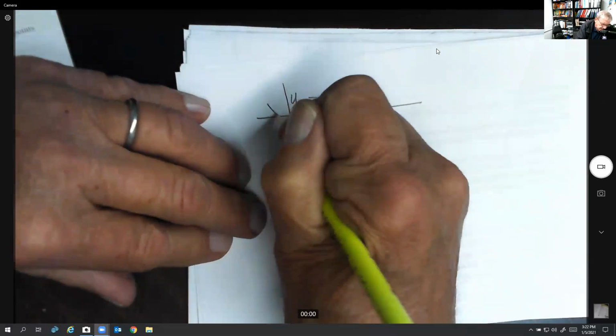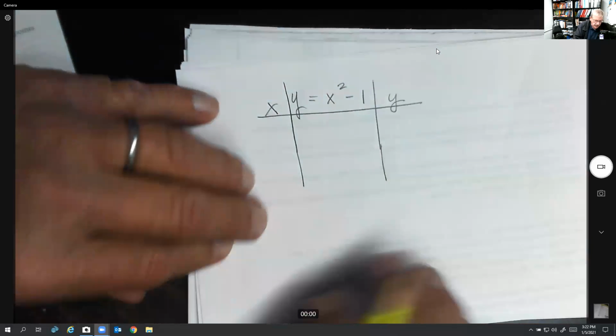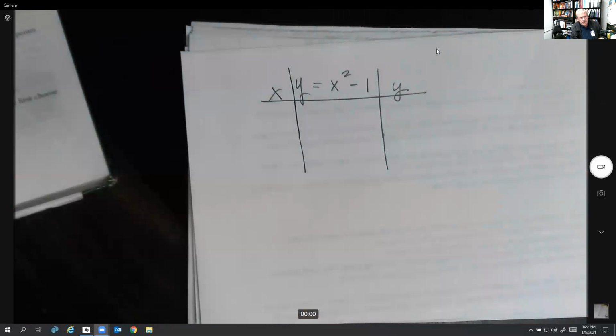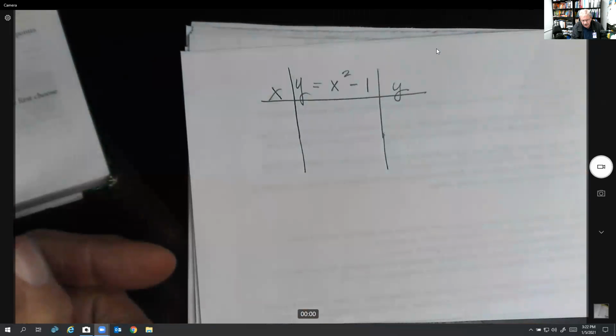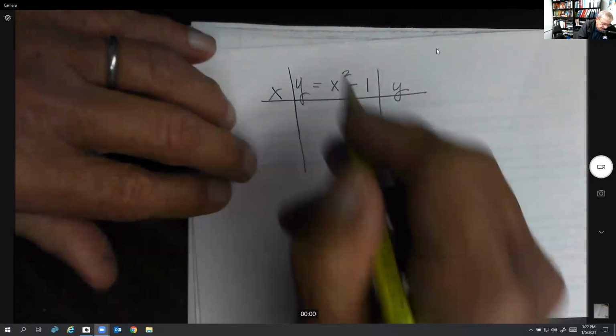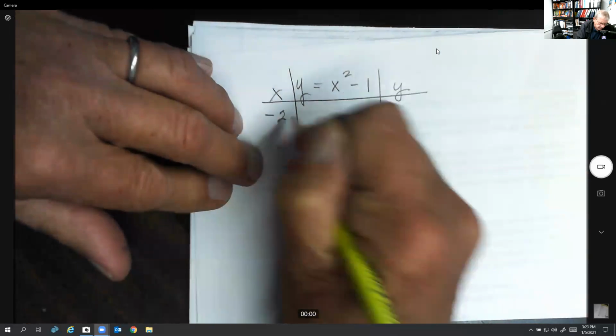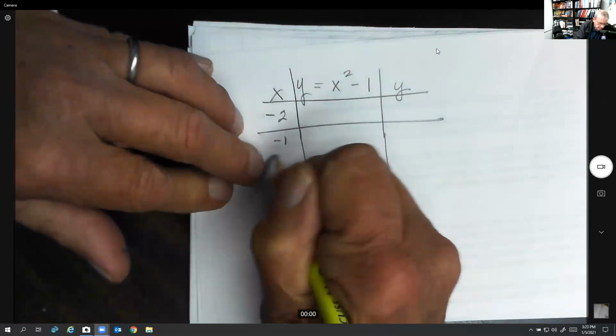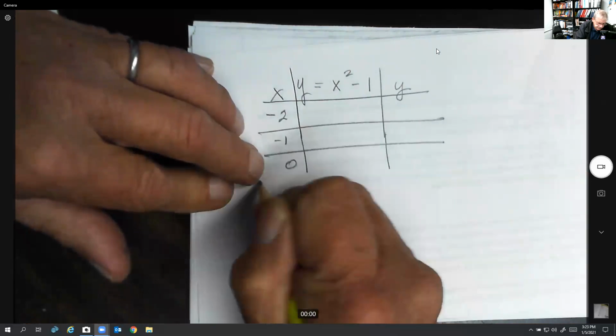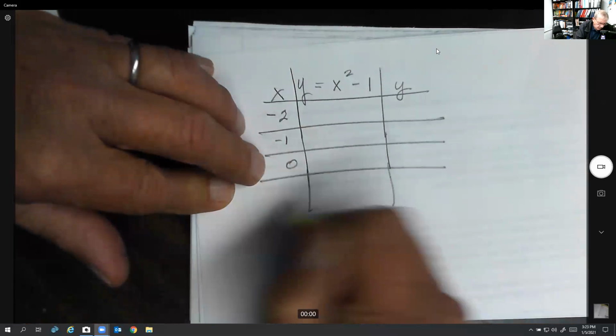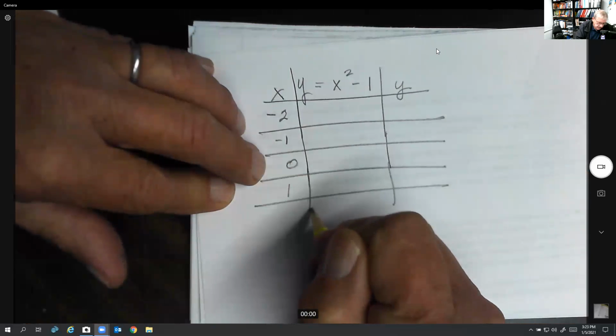So we're going to, again, substitute in values for x and y. But on this one, we usually like to put in some negative values, to see what's happening. And let's take a look. So we're going to put in some negative values in here. Let's start off with a negative 2, and then we'll go to a negative 1, a 0, a 1, and a 2.